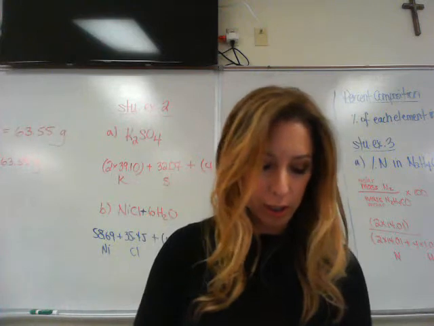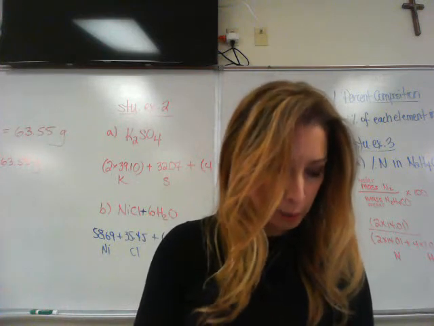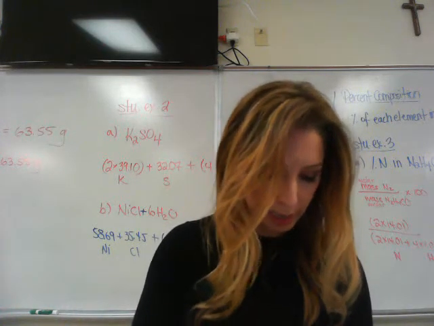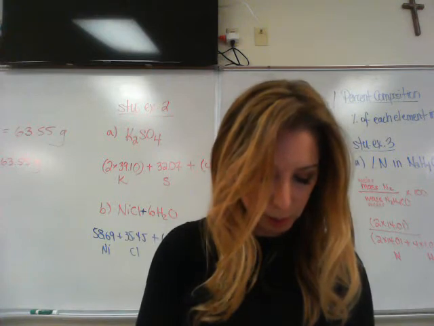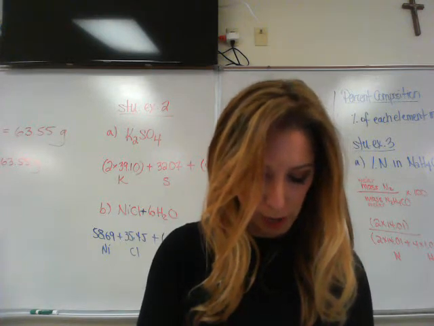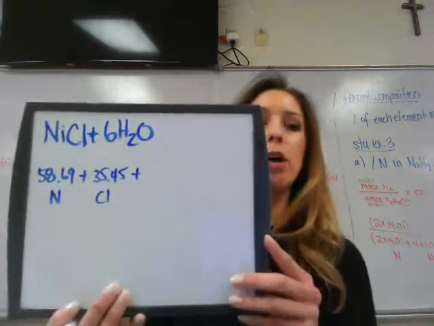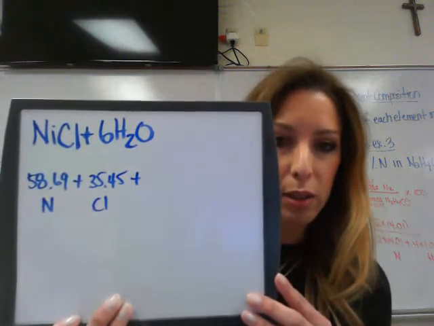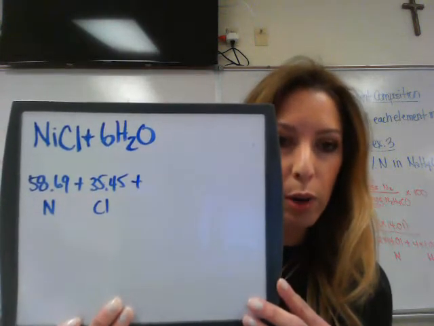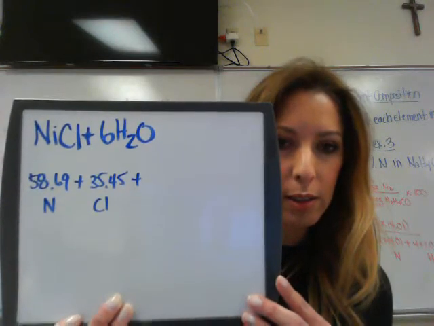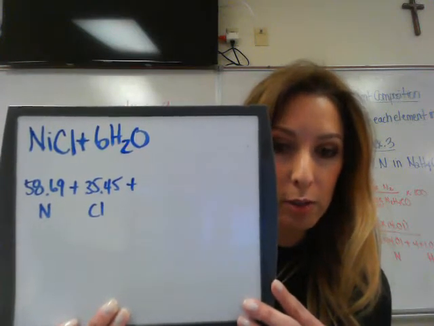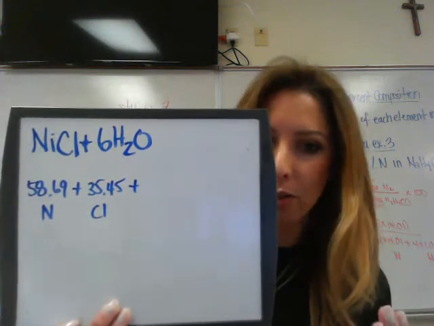So what we're going to do here is take 1 nickel, which is 58.69, plus 1 chlorine, which is 35.45, plus you have an option here. Either add the mass of 6 waters or 12 hydrogen and 6 oxygen. The choice is yours. You'll get the same answer in the end.